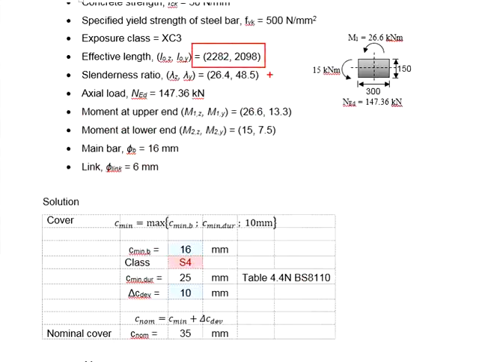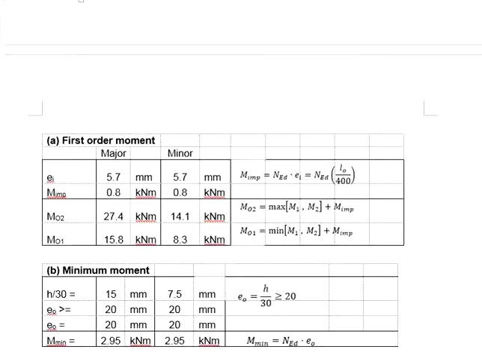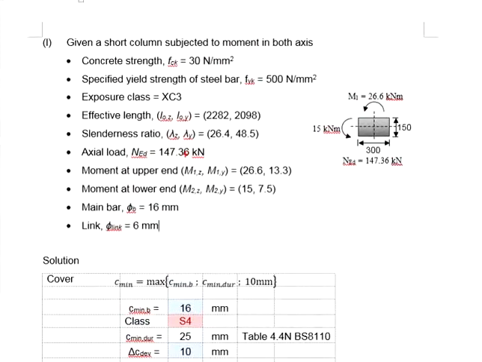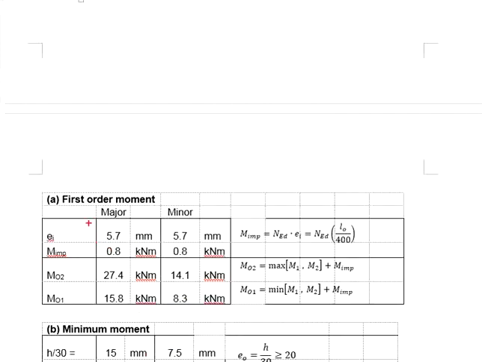Substitute the L0 into the equation. L0 divided by 400 times NED, which is 147.36 kN. That gives you the EI equals to 5.7 mm.